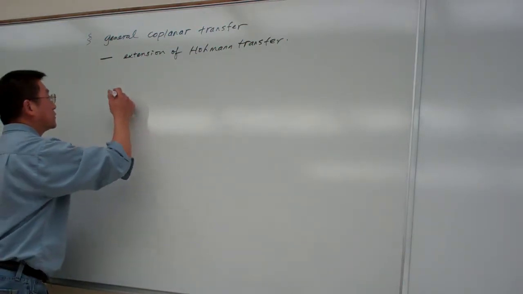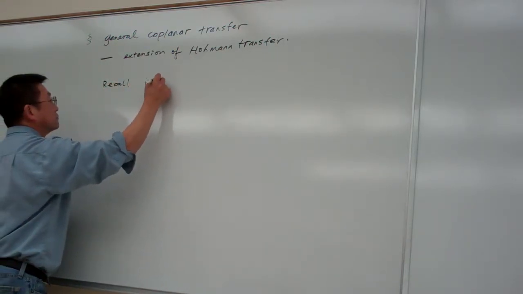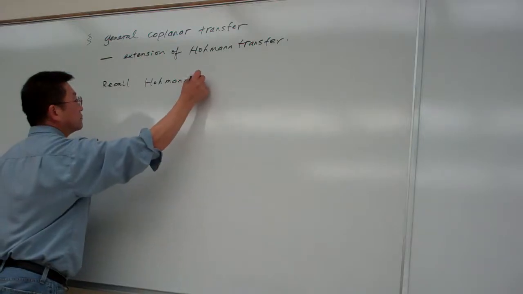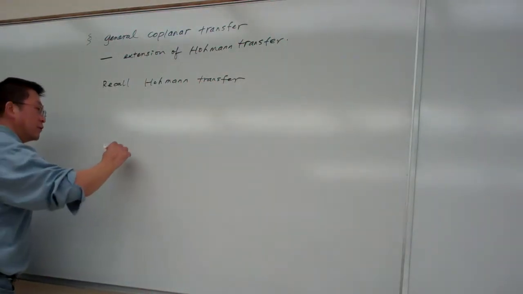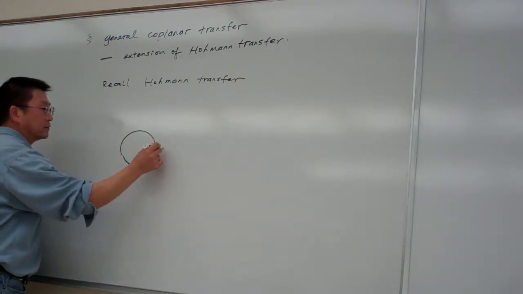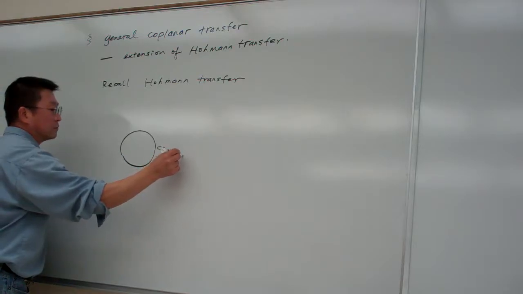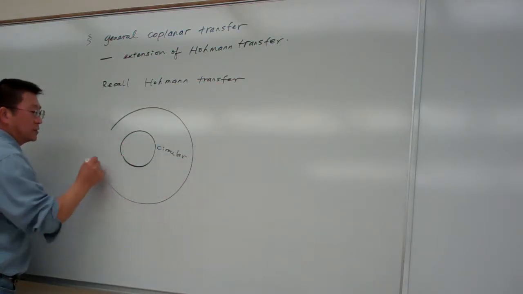The Hohmann transfer basically is here. We consider the original circular orbit, and then we consider our target circular orbit.